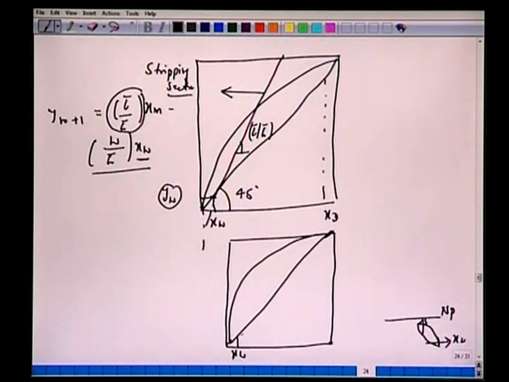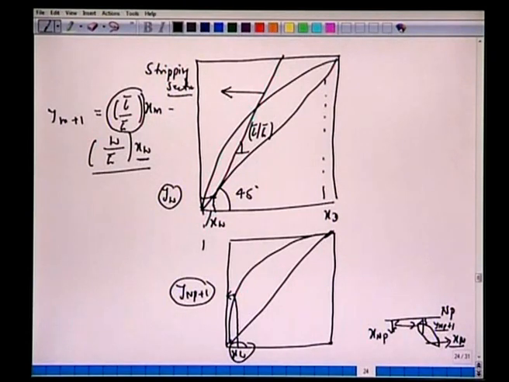So if we extend this line, the first coordinate we will get is y NP plus 1. So this is y NP plus 1. Two streams are in equilibrium, y NP plus 1 and xw. So we have marked this point here. Now y NP plus 1, and here we have liquid x NP.